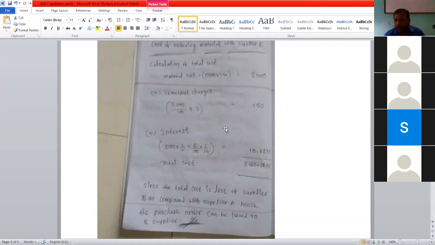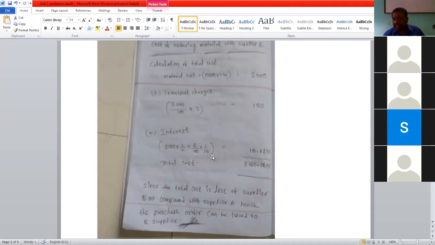What he said is the fortnight. Fortnight means 15 days. And in a year, assume 360 days. So here you are getting 15 by 360, 1 by 24 you are going to get, 15 days out of 360 days per year.